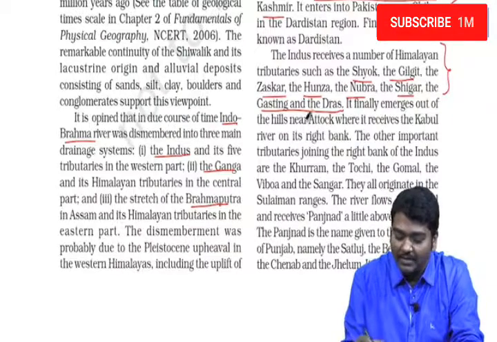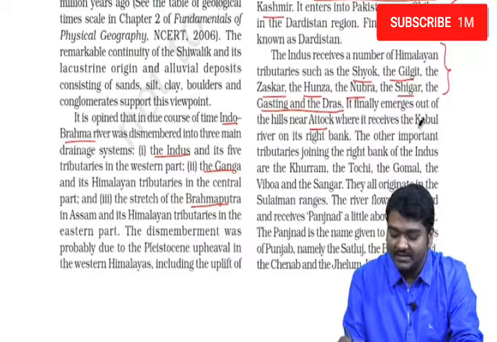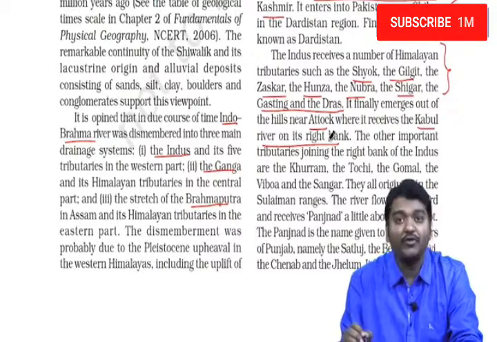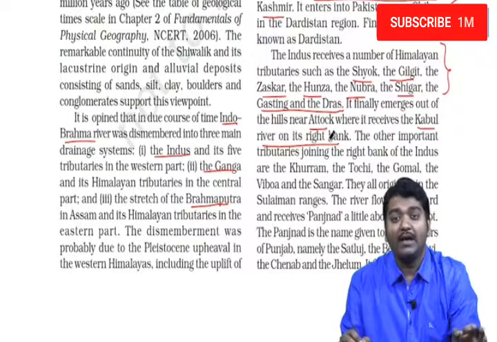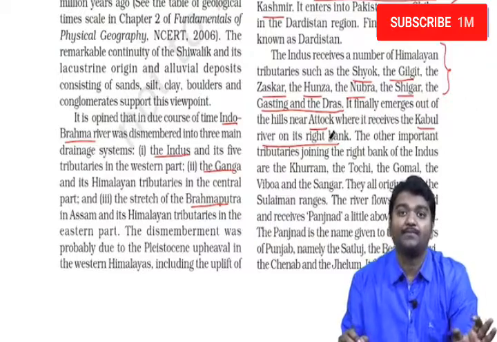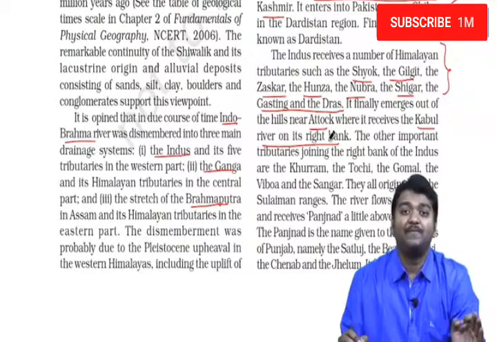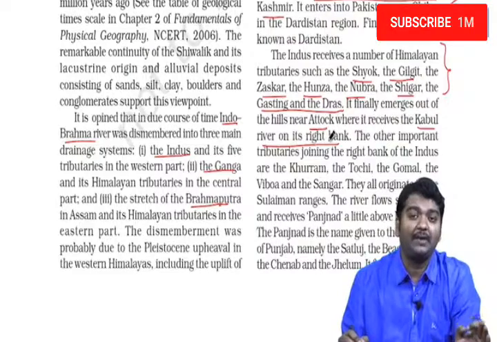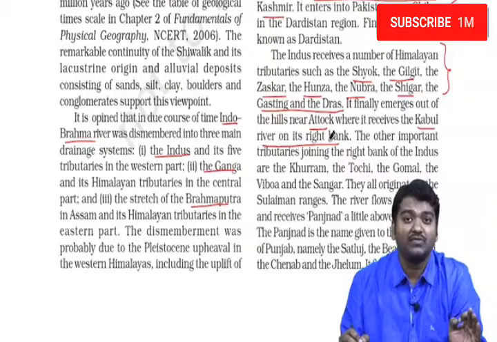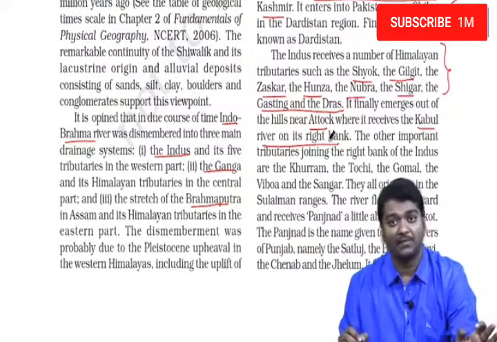It finally emerges out of hills near Attock, where it receives the Kabul river on its right bank. Very, very important for you to remember that Kabul is a tributary of Indus which originates in Afghanistan. So whenever we are talking about Indus water system, we speak about the Indus water treaty between India and Pakistan, but we don't talk about the Indus water treaty also having to include the Kabul river system.